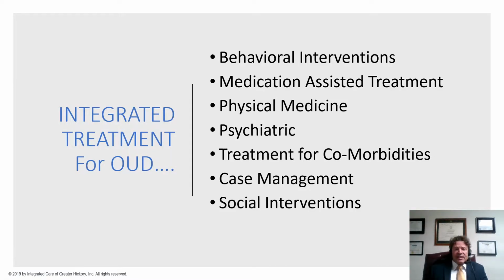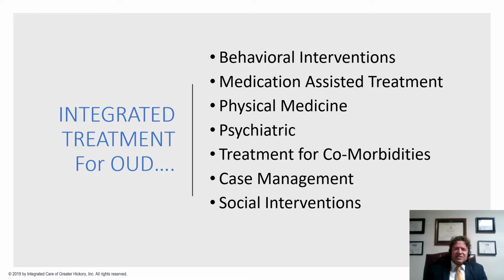What are the different inputs that we can look at for our treatment planning? We described some of them on an earlier webinar, but I'll briefly go over these. Behavioral interventions, which are counseling and evidence-based counseling models, such as CBT, 12-step facilitation, and motivational enhancement treatments.